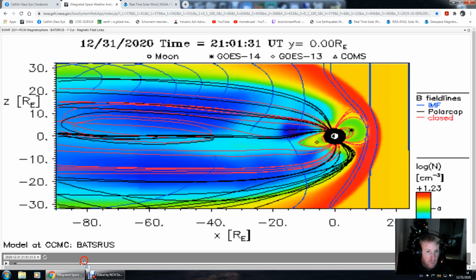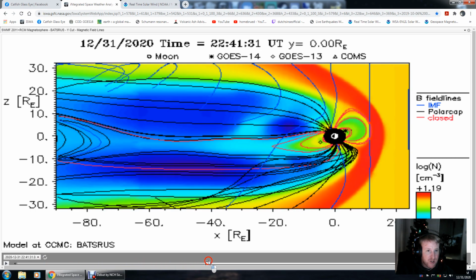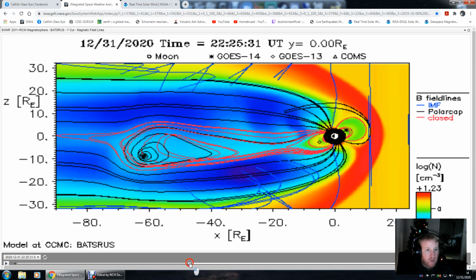So why would Earth do these? Well, the only reason Earth as a magnet would do these is because there's another magnet here of the same polarity. When you try to match two north ends of two different magnets, a north and a north or a south and a south, what do they do? They push away from each other.